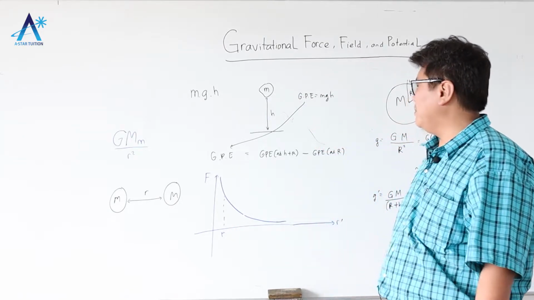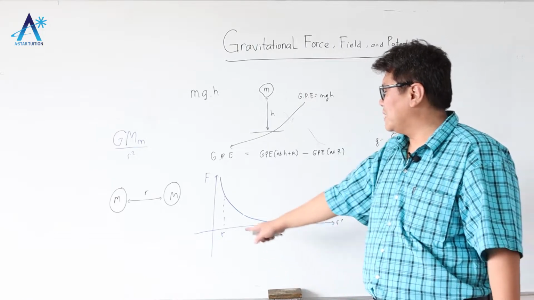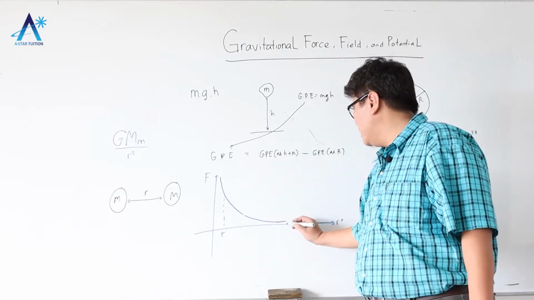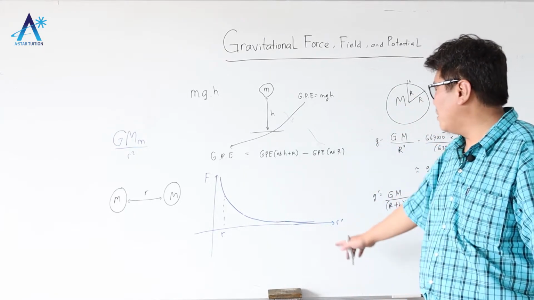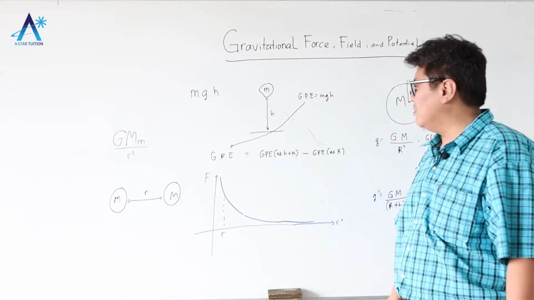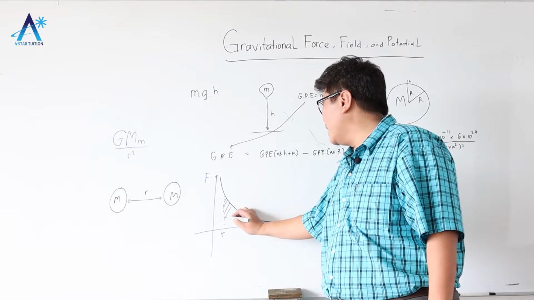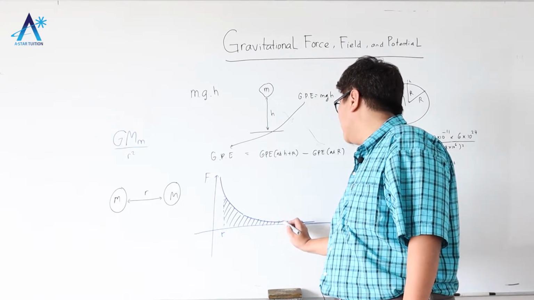So this is r prime, and this is r, the specific distance between them right now. In order to calculate the work done by this force, you need to calculate the area under the force versus position graph.